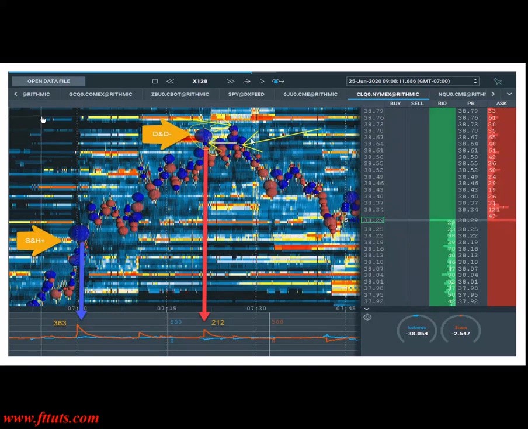If it gets back below this area right here, then you're back in, and you risk to above this area, right? So you're risking above here, you're risking 38.73-ish to catch a 50 plus point move back down.